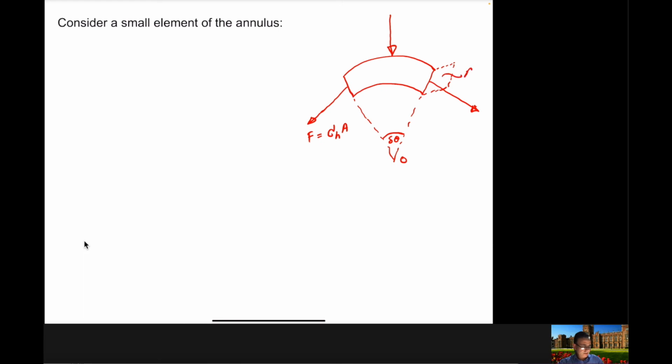If you multiply this area with the hoop stress acting on this cross section, then you will get this hoop force, or you can call it F. And another thing is that if this angle is delta theta, then this angle will be half of delta theta, delta theta by 2, and this angle is again delta theta by 2.